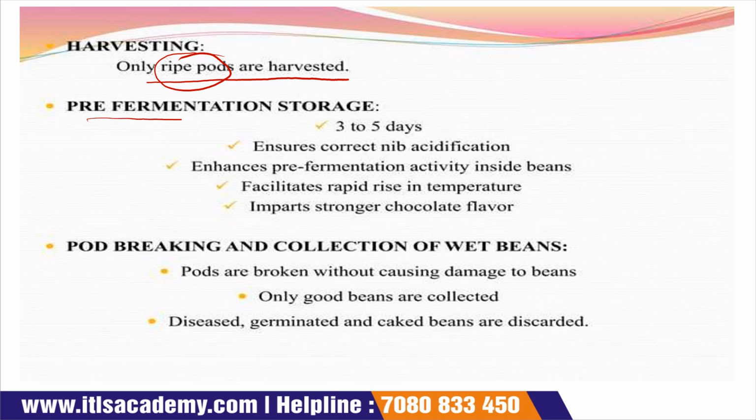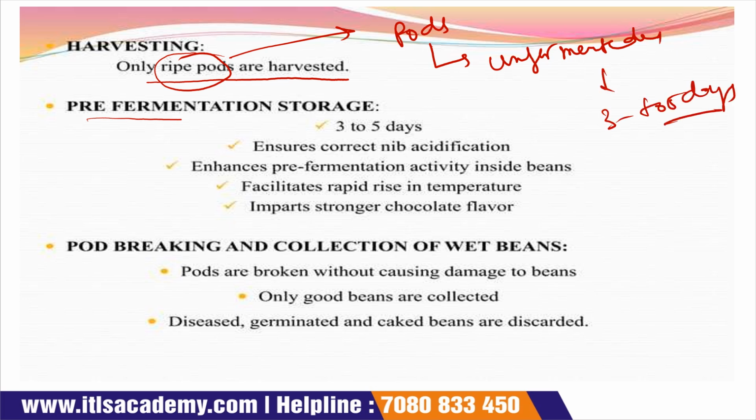Now when the pods are unfermented, then they should be stored for 3 to 5 days. Here is the condition for the storage of the unfermented pods: around 3 to 5 days.